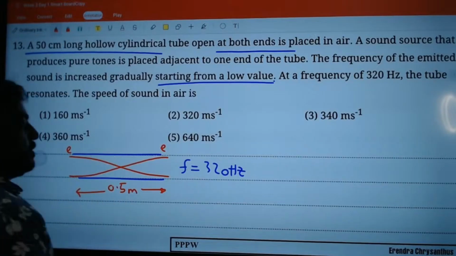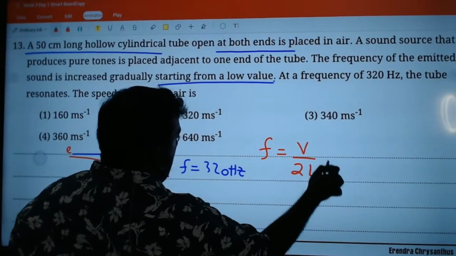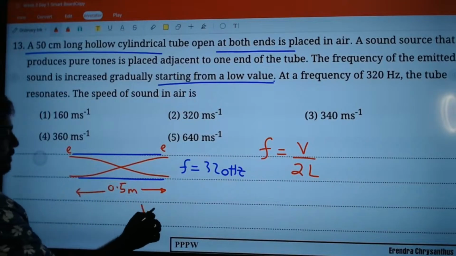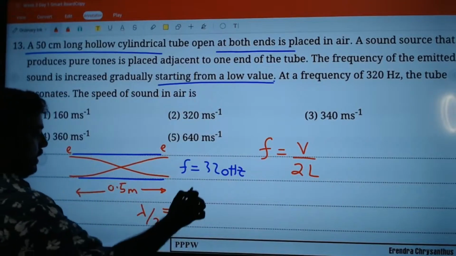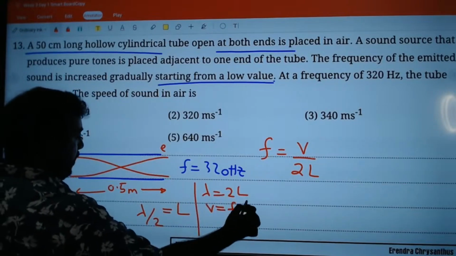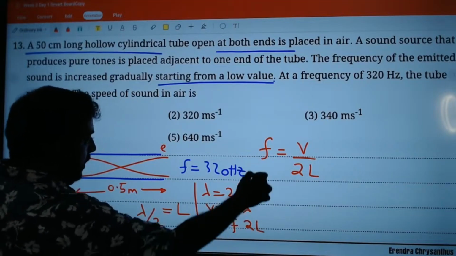What is the speed of sound? So fundamental frequency F is V over 2L. How do I get this? Quarter lambda divided by 2 is equal to L, so lambda is equal to 2L. V is equal to F lambda, V is equal to F times 2L. So F equals V over 2L.